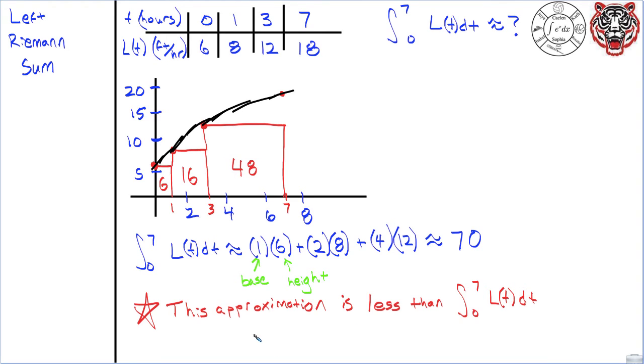The reason for that, and we do need this too, is because L(t) is increasing on that interval. So we can say on the interval from, I don't know, 0 to 7.